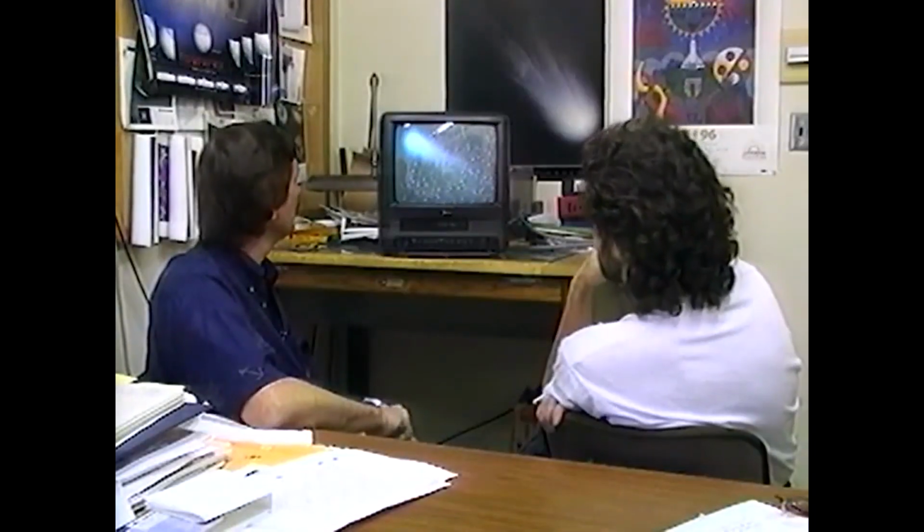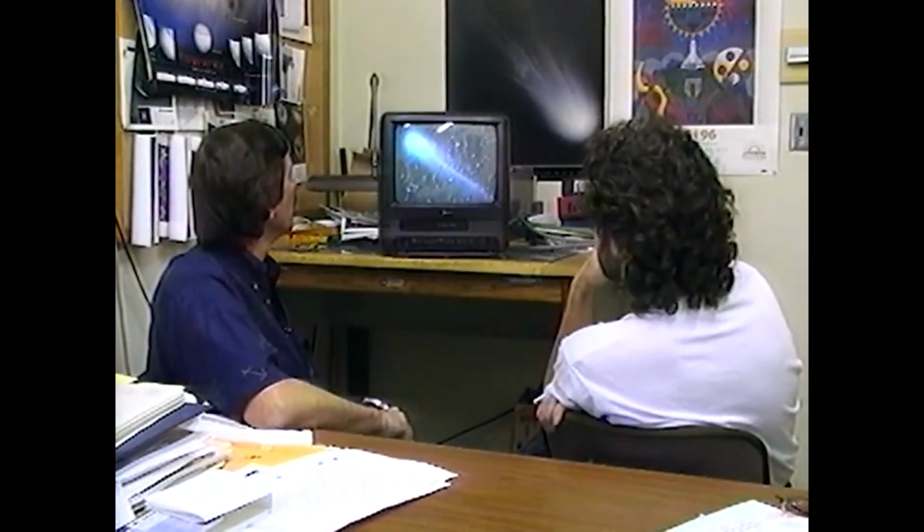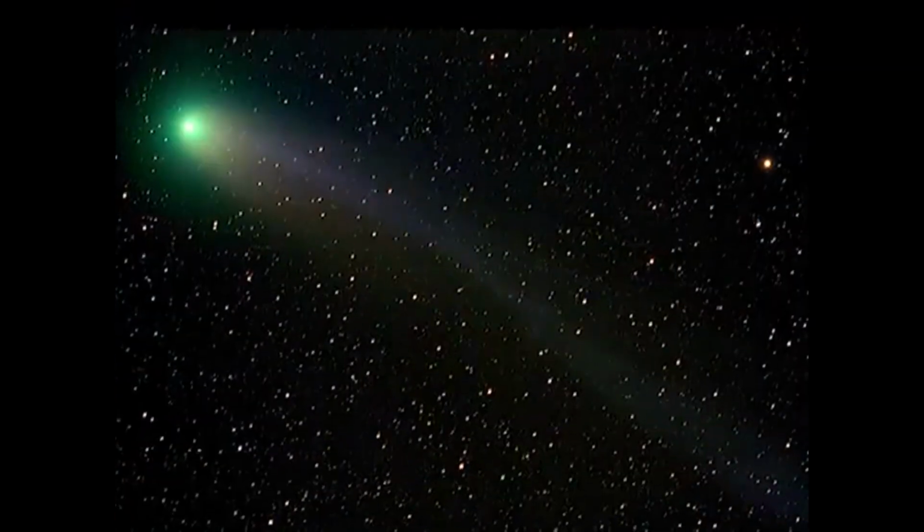Only in sequences like this can you really see the subtle changes in the ions, which are traveling rather quickly. They're being accelerated back at a couple hundreds of kilometers per second, whereas the dust, for example, is going back much more slowly.